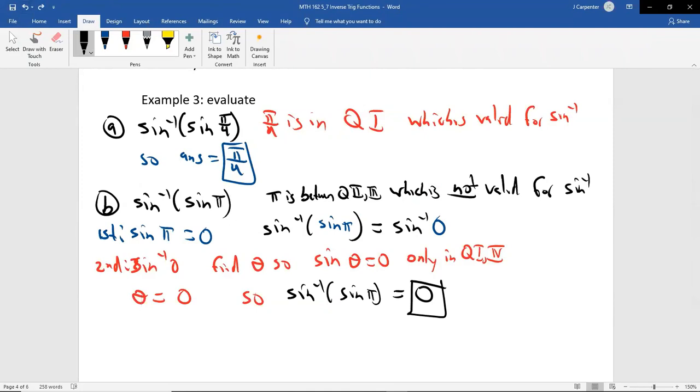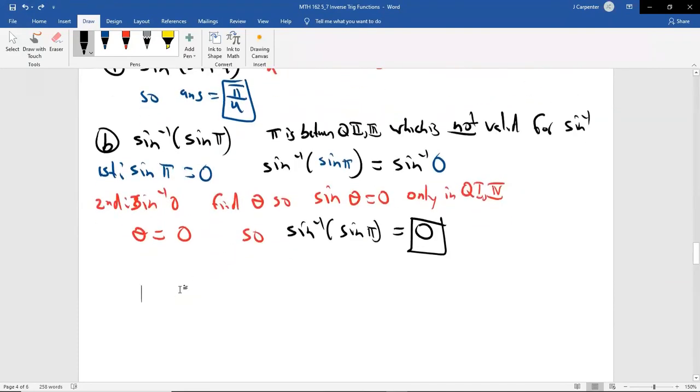This is one of my favorite types of problems because it really emphasizes that while inverse functions generally cancel each other out, there's special types of inverse functions with very, very narrow windows, which means they don't always just cancel each other out, so you got to work inside out anyways. It's annoying, it will frustrate you, but it's important.